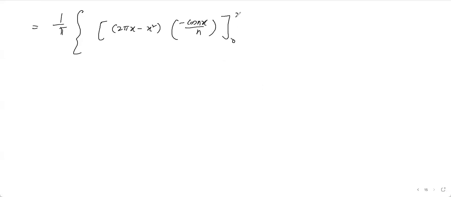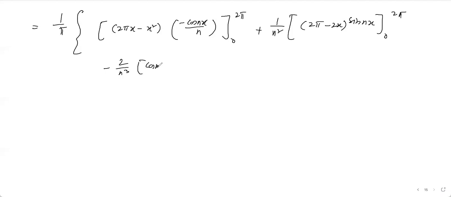Now let us individually find it. Pi x minus x squared, minus cos nx by n, 0 to 2 pi, plus 1 by n squared, 2 pi minus 2x, sin nx, 0 to 2 pi, minus 2 by n cube cos nx, 0 to 2 pi.